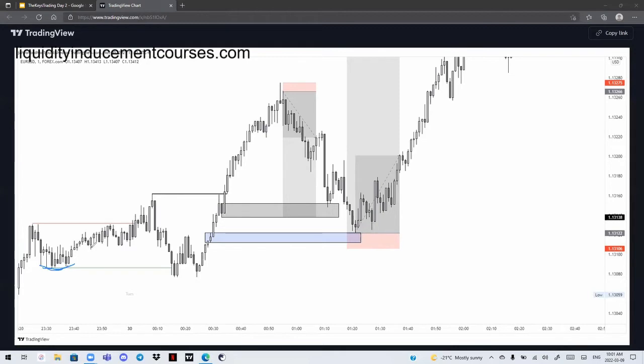So this is liquidity and this is liquidity, right? Yes. And the higher time frames, 15 minutes, 1 hour, 4 hour, are saying that price needs to go to an area higher to either rebalance or to clear structure, to clear liquidity.